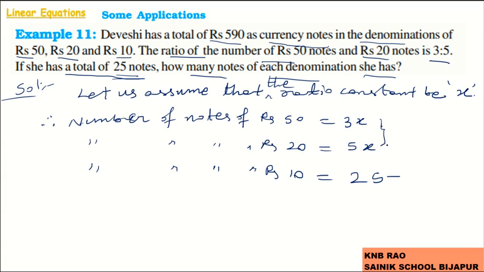Together they give 3x plus 5x, 8x. If I take that away from 25, it gives me how many notes of rupees 10 are there. So we use this information in finding the number of notes of rupees 10.